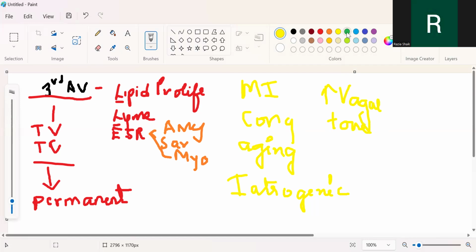In hyperkalemia, we want to remember the ECG findings: prolonged PR interval, inverted T waves, and sine wave pattern. You should also think about TSH. Thyroid abnormalities, both hypo and hyper, can lead to AV node blockade.